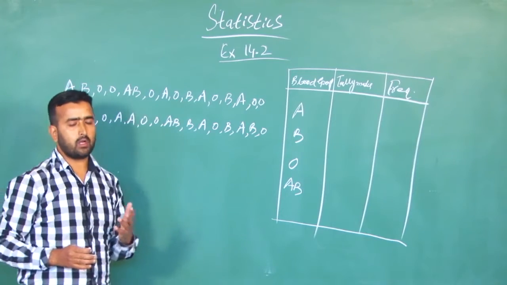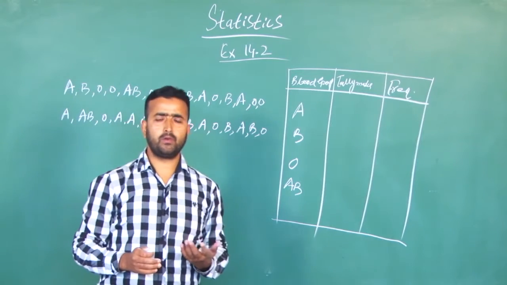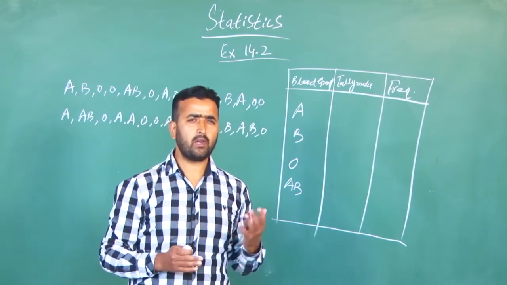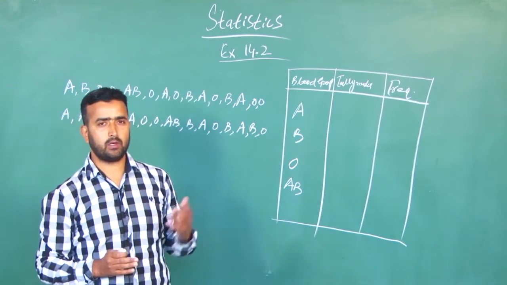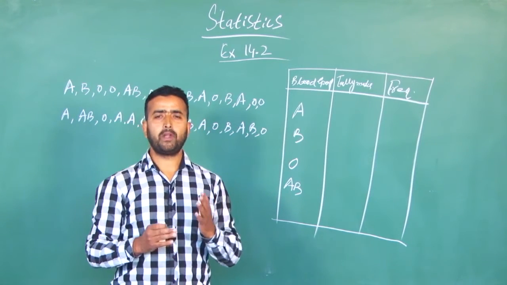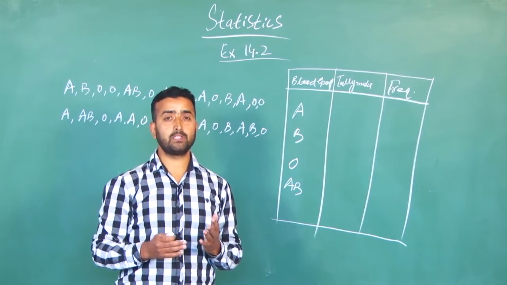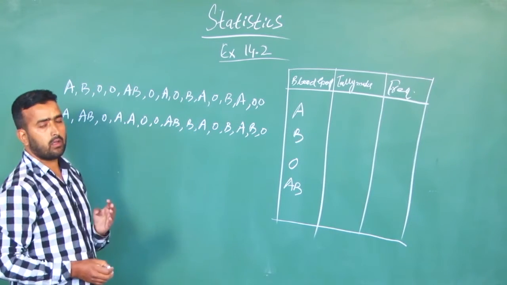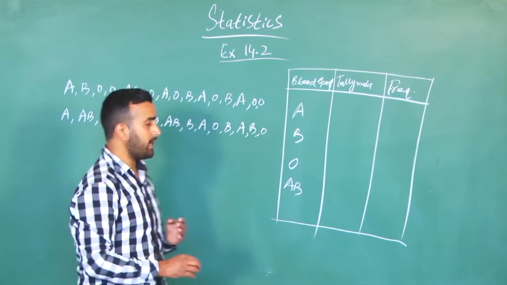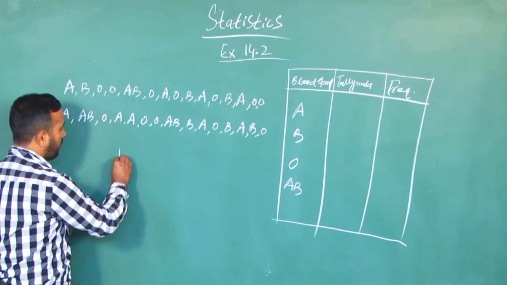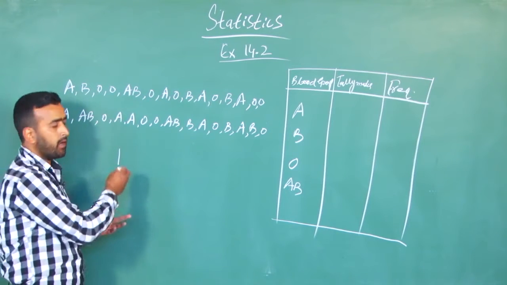It was actually the counting principle that we used in the olden days. These days we rarely use tally marks, but this was the basic method of counting how many times a particular variable has been repeated. And how do we count these? We count in groups of fives. If a particular group is repeated once, we put one tally mark.